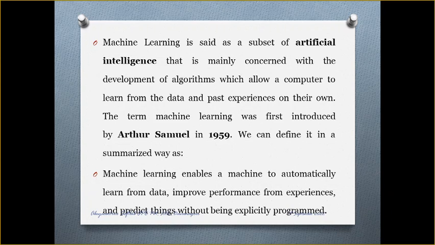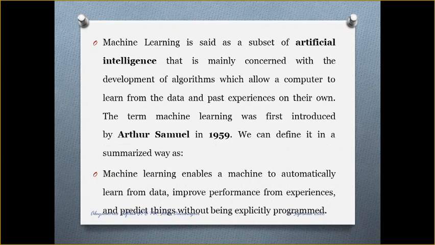This is what normally happens in normal computing. But in machine learning, we give the input and we give the output, and what the machine has to do is build the algorithm. That is what has to be done in the field of machine learning.